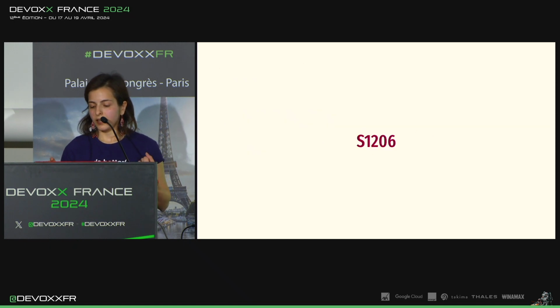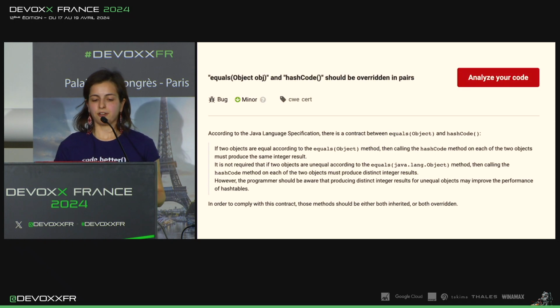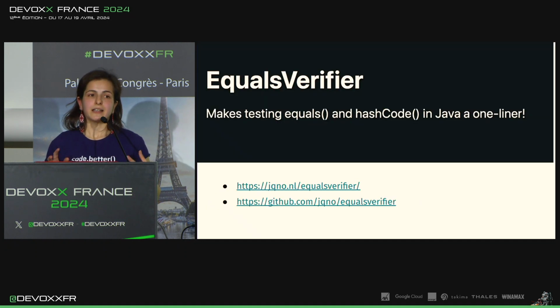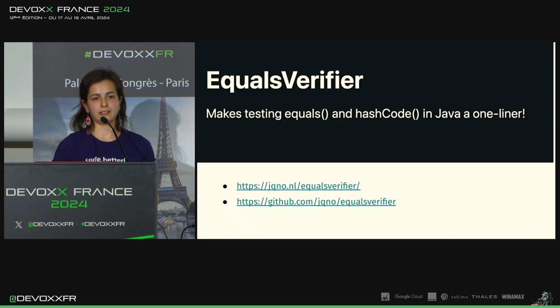So, in Sonar, we have some rules to help you avoid problems like this. For example, equals and hashCode should be written in pairs, but sometimes it's pretty difficult with static analysis to test whether you violate the contract or not, so we don't have a rule for that. But there is a tool that I can recommend to check if you have obeyed the contract with equals and hashCode.